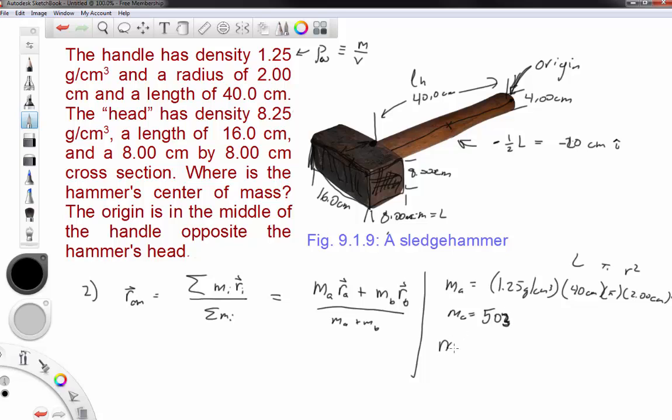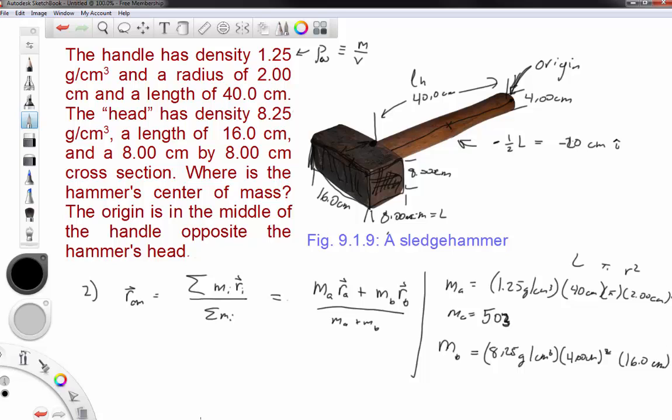And similarly, to get the mass of the head, we use the density of the head, which is 8.25 grams per cubic centimeter, and that's going to be times the length times the height times the width. So basically 4 centimeters squared times 16 centimeters.